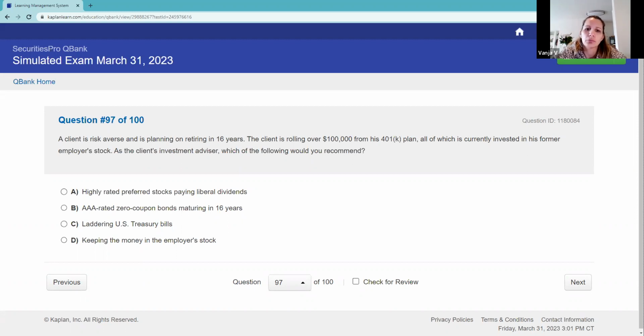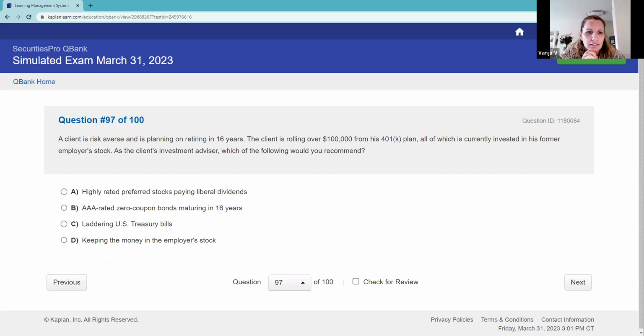He was rolling over from his plan. Dude, you need some diversification, I would think. So I don't think that keeping the employer stock would be the solution. You're correct. So I would take the D out. I think that's a good way to move. So you've got 1 and 3.